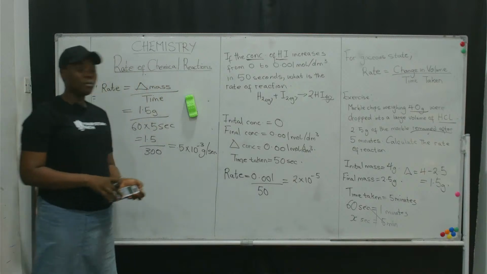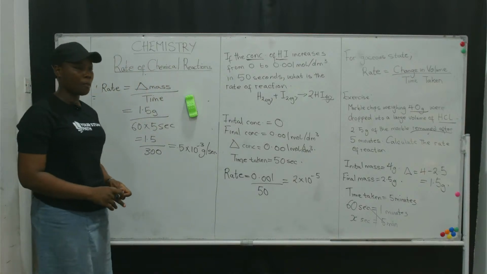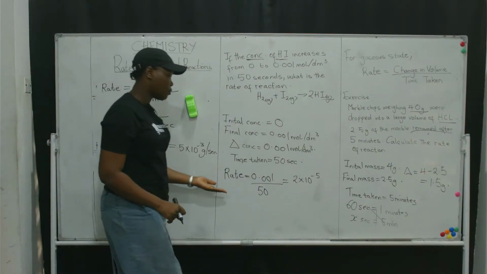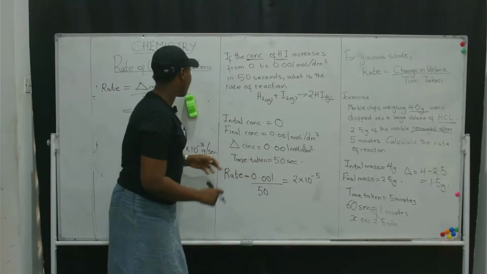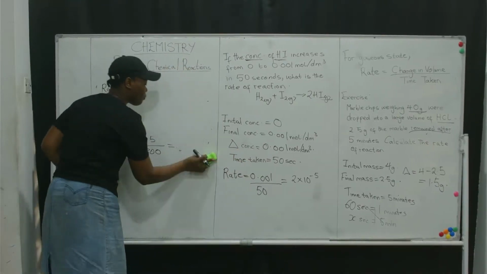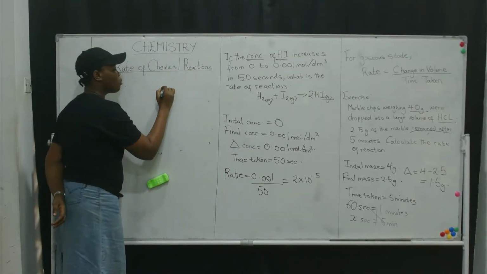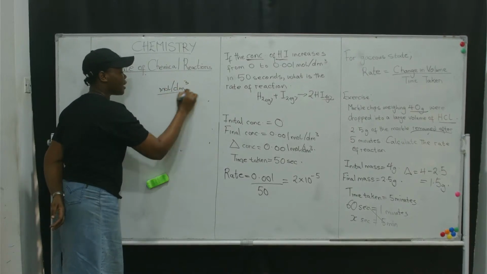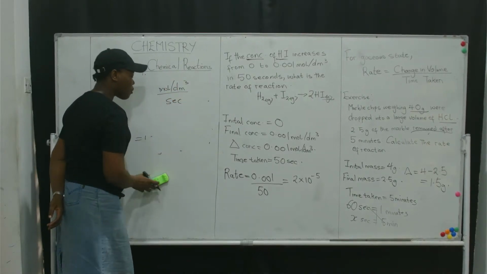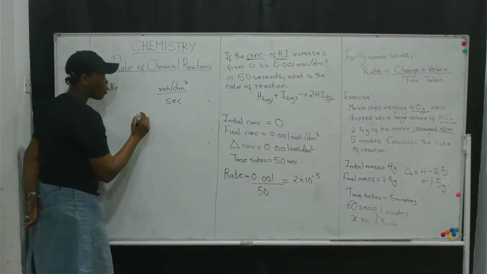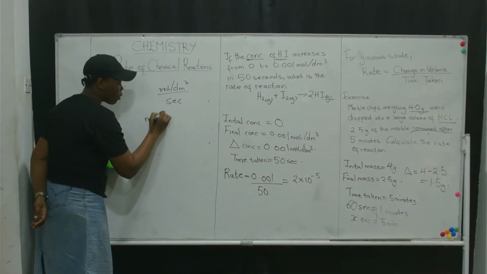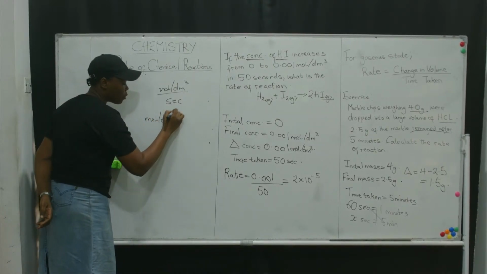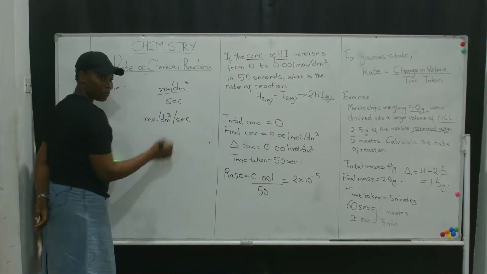And what will be our unit here? For the concentration, it is mole per dm cube. Time taken, it is seconds. And so we write it as mole per dm cube per second.